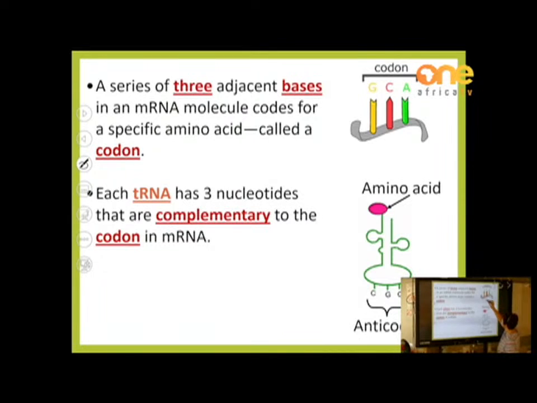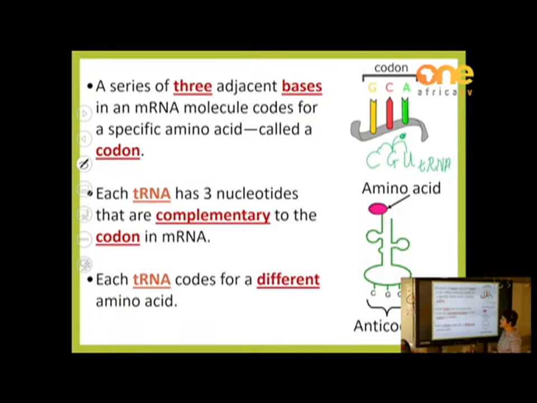G will have a C, C will have a G, A will have a U, because we are talking RNA, and this will all be attaching to a specific amino acid on the tRNA. Right, so each tRNA codes for a different amino acid.